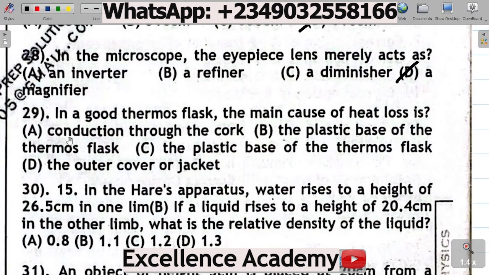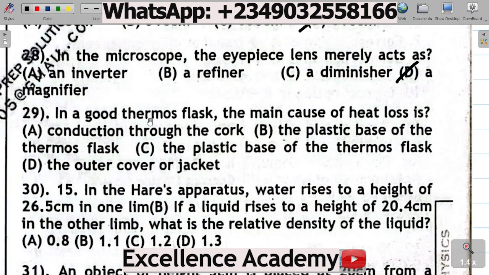All right, next up, question number 29. Question 29 says, in a good thermos flask, the main cause of heat loss is A, conduction through the cork, B, the plastic base of the thermos flask, C, the plastic base of the thermos flask, D, the outer cover or jacket. All right. For 29, what is the correct answer?